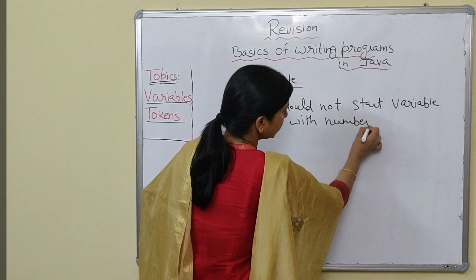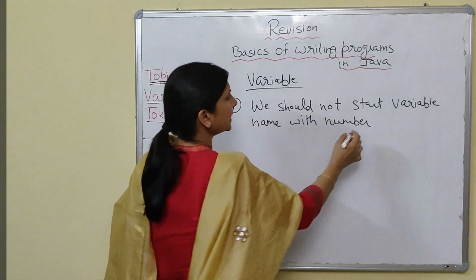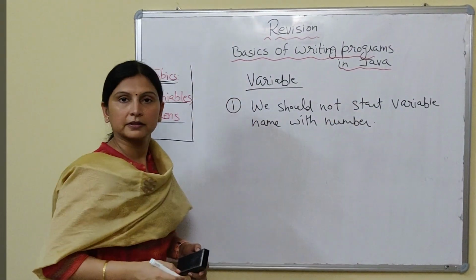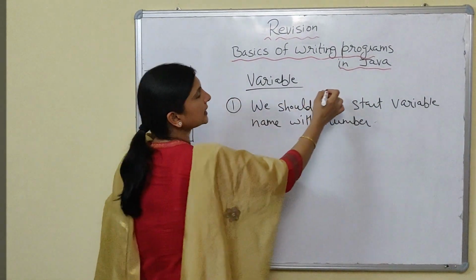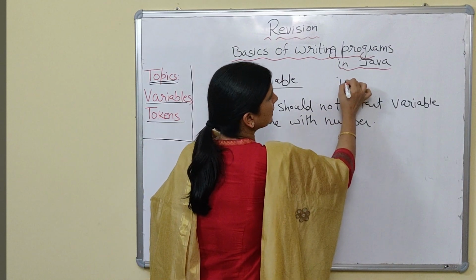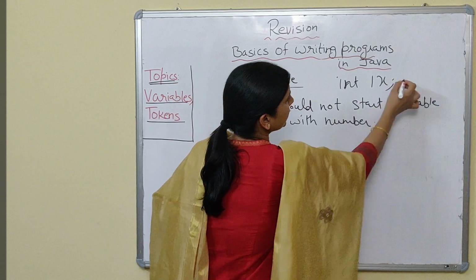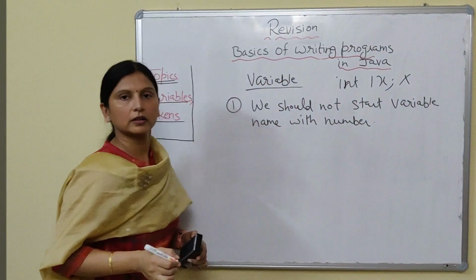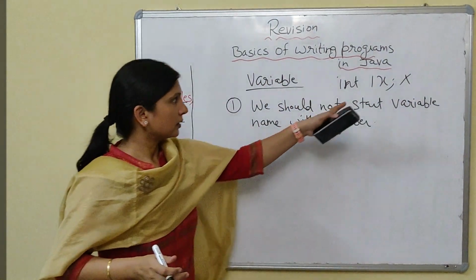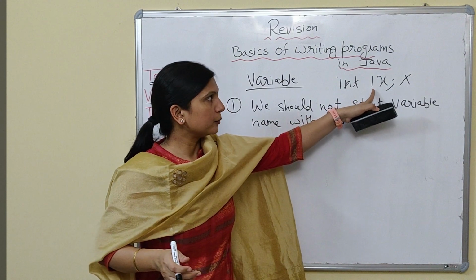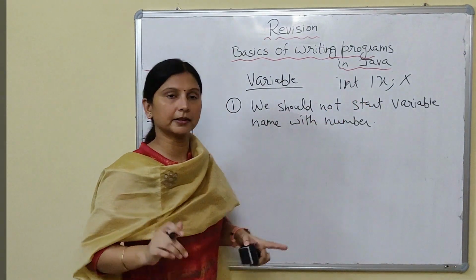We should not begin a variable name with a number. You cannot take int 1x, this will be wrong. So at the beginning of a variable name, you cannot take any number.